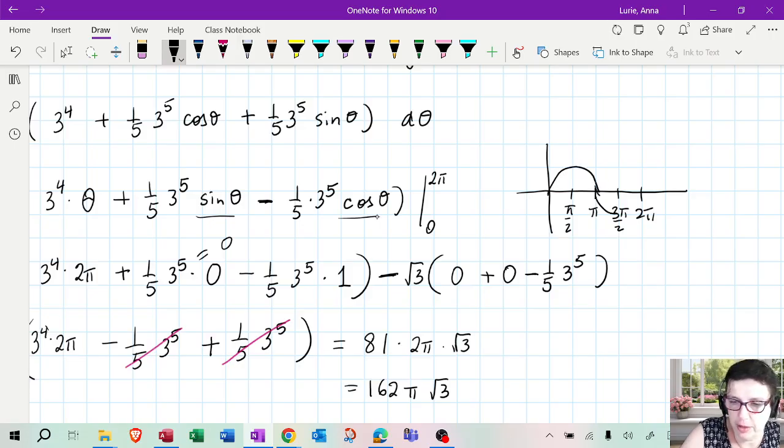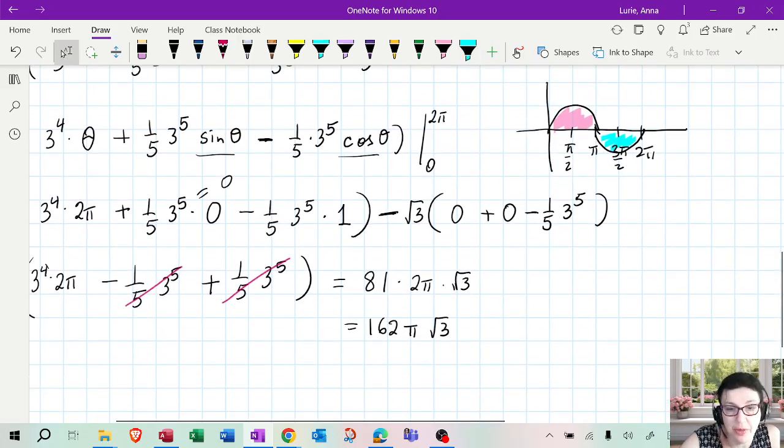So first like this and then like that. Now notice how these two pieces are exactly the same, but they have opposite signs. So remember, integral is like a signed area. So this would be like the pink area minus the blue area. They will just cancel out because they're the same. So the integral from 0 to 2 pi of sine theta is just 0, so we could have just crossed it out.